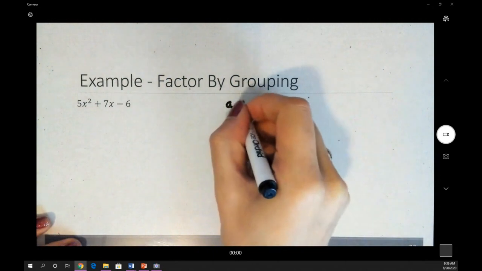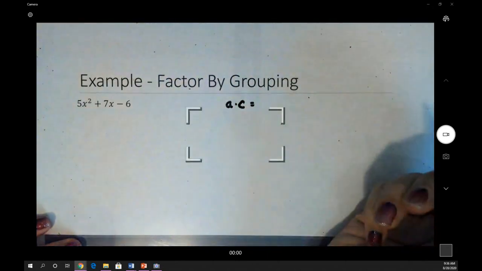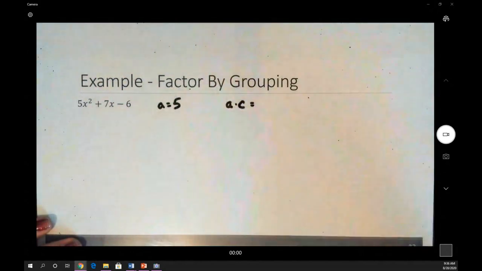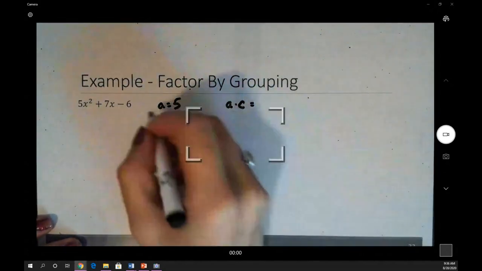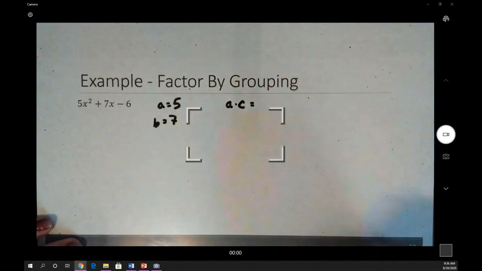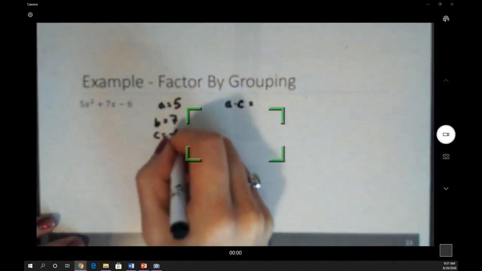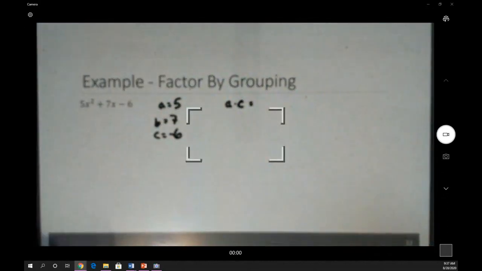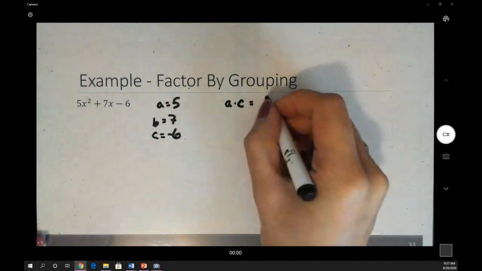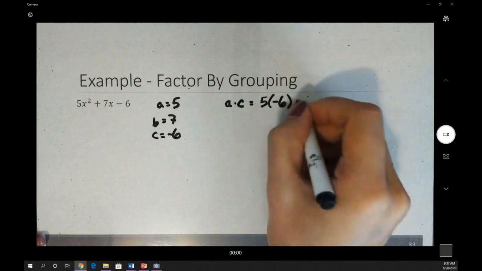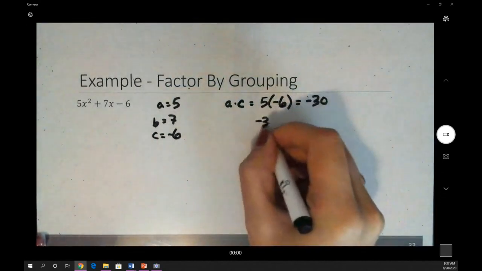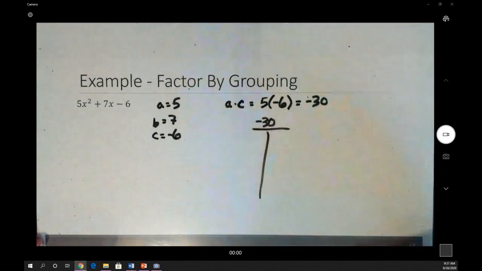So I need to find my a value times my c value. Well, my a value is 5 because it's the coefficient on x squared. My b value is 7 because it's the coefficient on x. And my c value is -6 because that's my constant. So if I take my a times c, that's 5 times -6, which is -30. So I'm going to set up my t-chart based on -30.